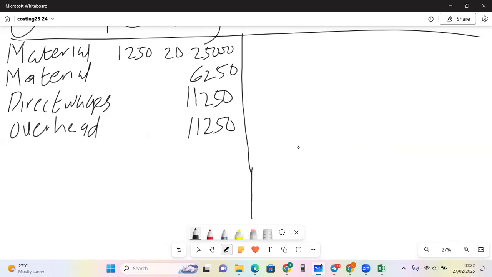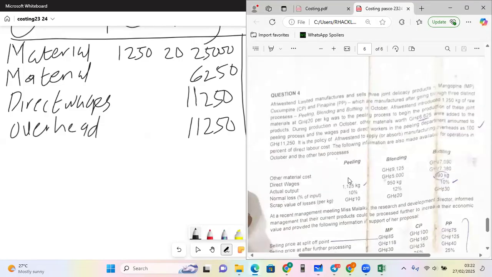Now, they are telling us that for the peeling, the actual output they're expecting is 1,125. The normal loss is 10%, with a scrap value of 10.